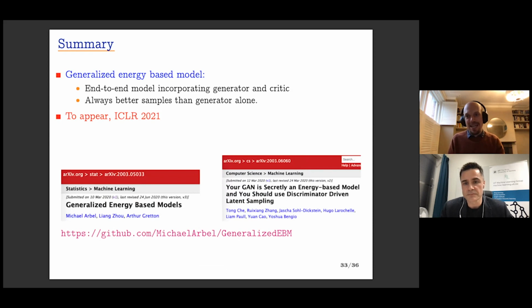This paper again uses this notion of an energy and uses Hamiltonian Monte Carlo to sample from the end-to-end model. However, they do exactly as you say. They train the energy function using, in their case, either Jensen-Shannon, or they also explore, and this is quite interesting, a way to derive an energy function from an integral probability metric. So they explore that direction a bit, which we don't at all.